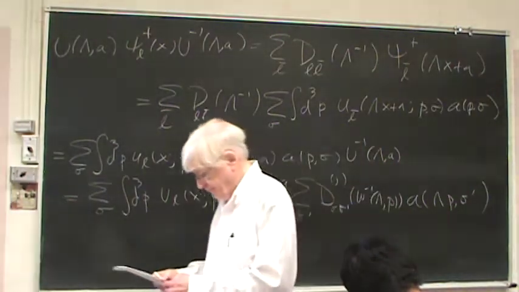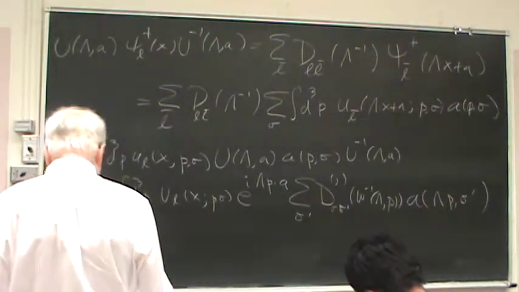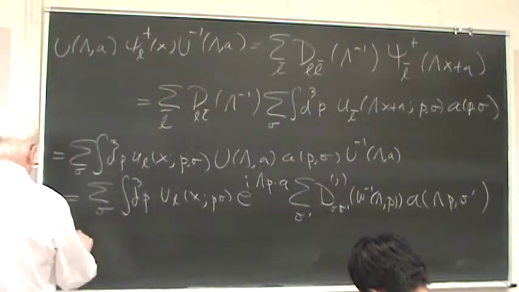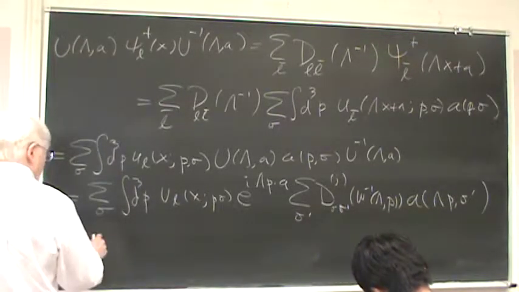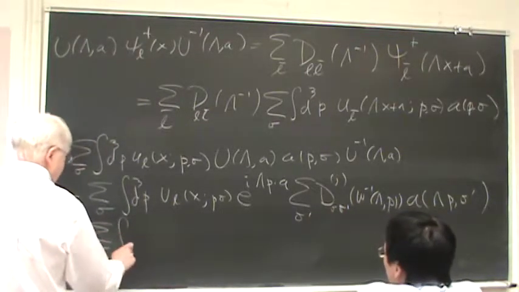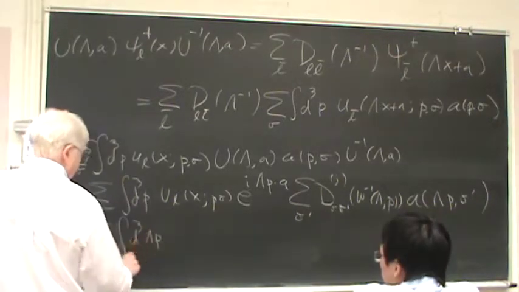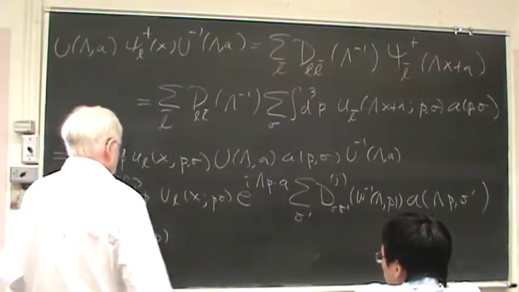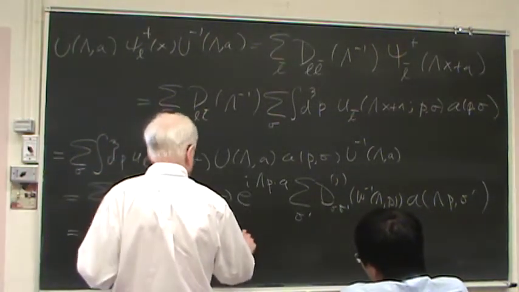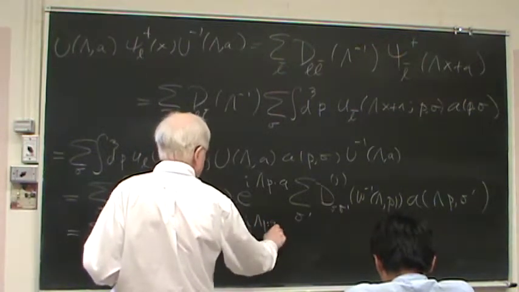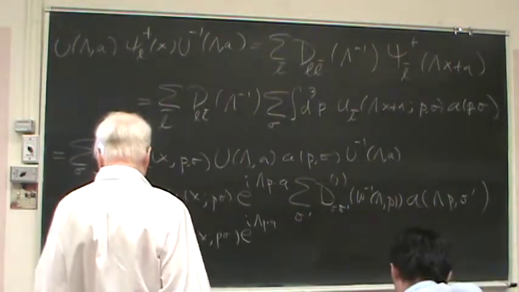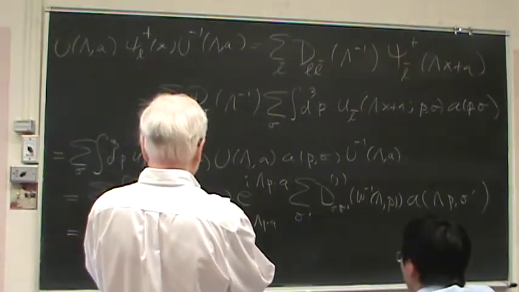And what we're going to do is use that identity that we worked out last time to rewrite this as an integral d cubed lambda p, and this is still U^L of x semicolon p sigma e^{i lambda p dot a}. Let's see, don't we have a square root somewhere? I think I left out a square root.